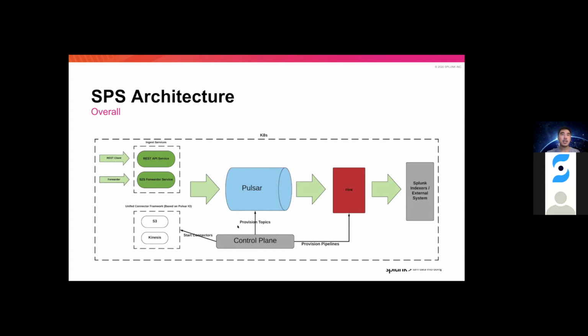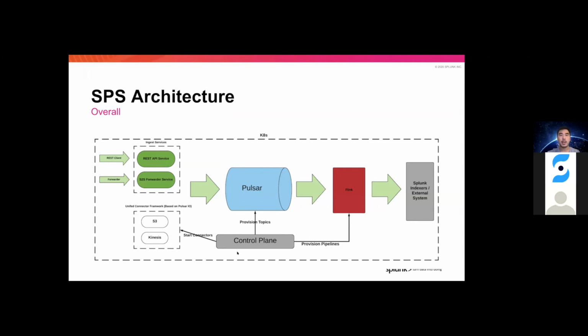A big part of the glue that holds all of this together is the control plane, which we built along with a REST API service that allows users to interact with and perform a lot of the tasks within the service.